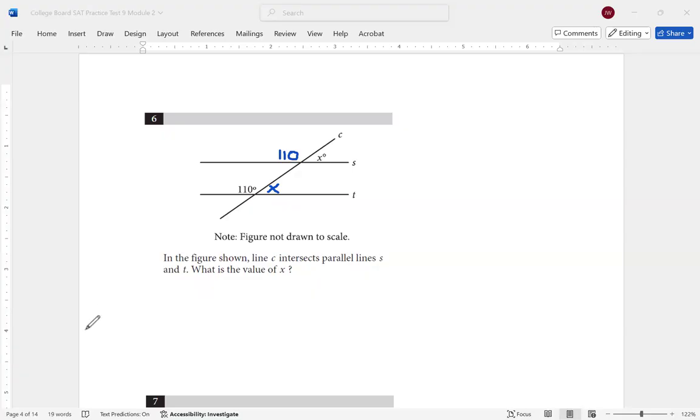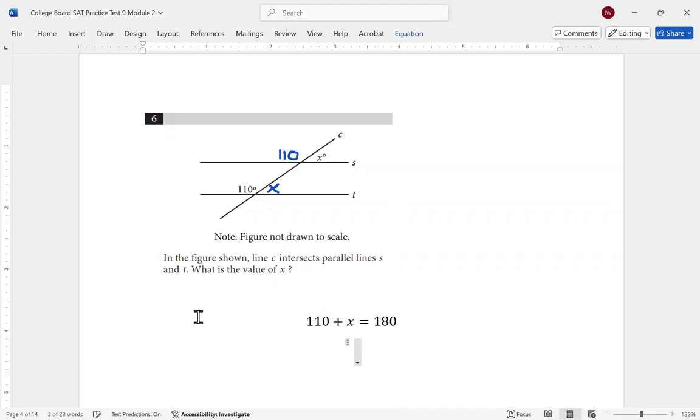In either case, x and 110 are both on a straight line, either S or T. And therefore, knowing that the angle of a straight line is 180 degrees, we have 110 plus x is equal to 180. And that means the x value is 70 degrees. This one says, what is the value of x? Well, x is 70. So the answer to question 6 is 70.